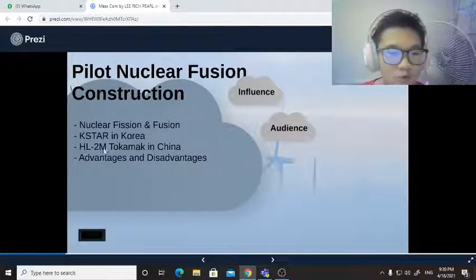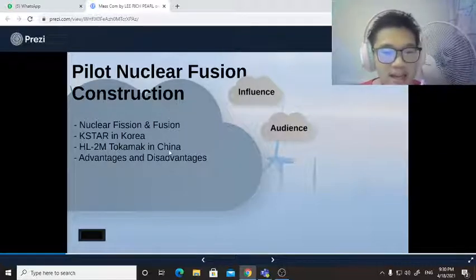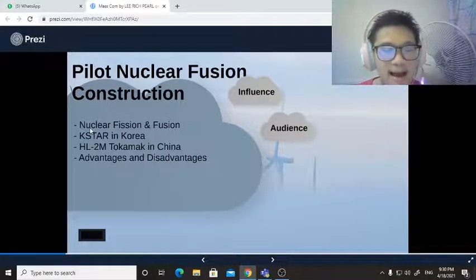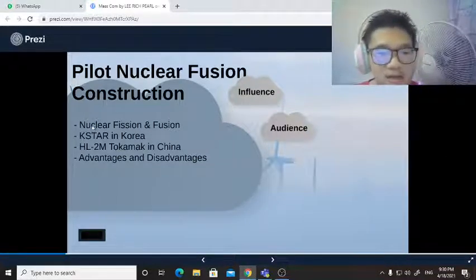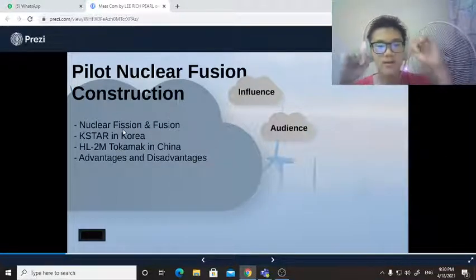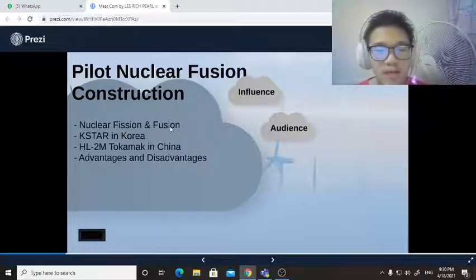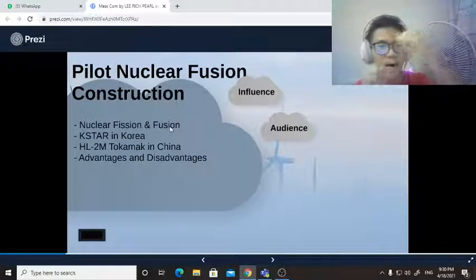And the HL-2M Tokamak in China successfully produced a 150 million degree temperature. Nuclear fission is when a big particle breaks into small particles. However, fusion is cleaner and more sustainable and without pollution, because two small particles combine into a bigger, more stable particle.